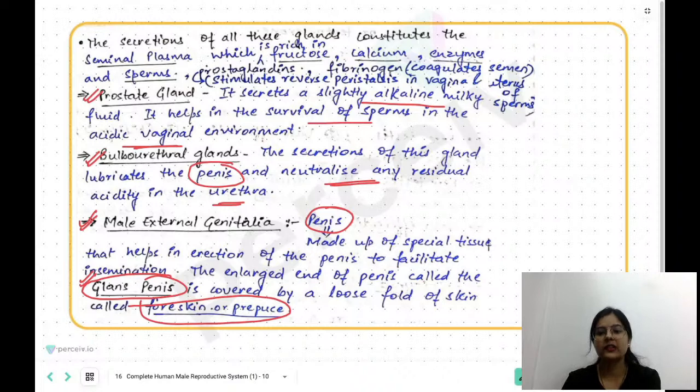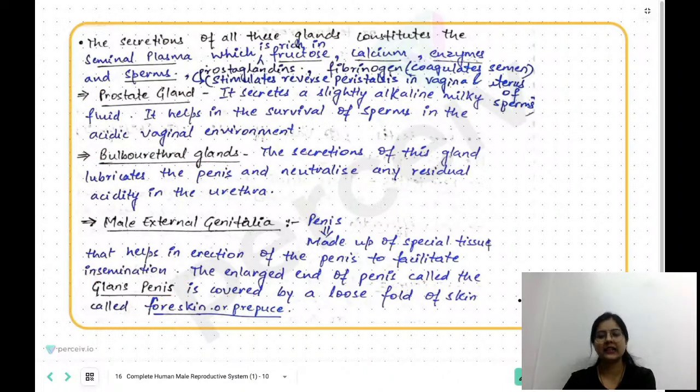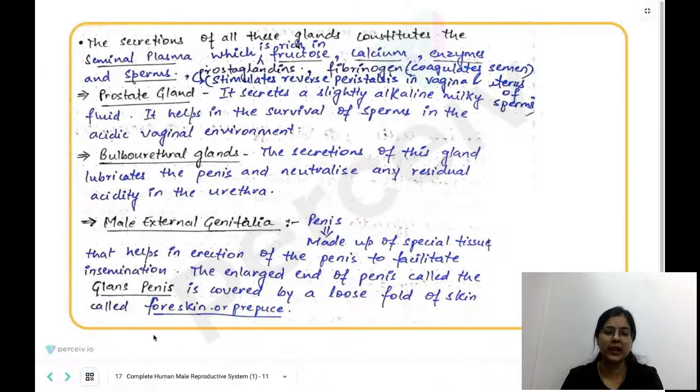All right, so this is all about the accessory glands, the accessory ducts, and your male external genitalia penis, and of course your section of the seminiferous tubules that we have seen.